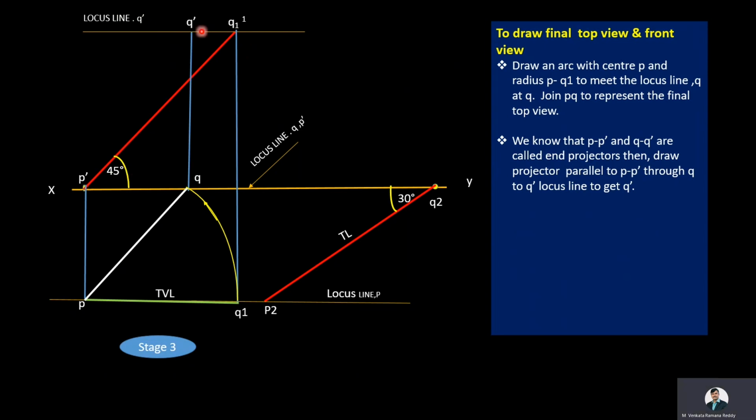Then join P dash and Q dash. P dash Q dash is the final projection of the line in front view.